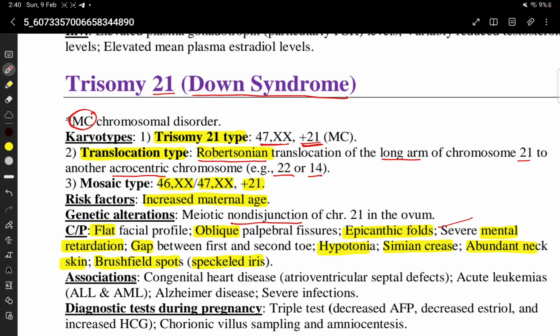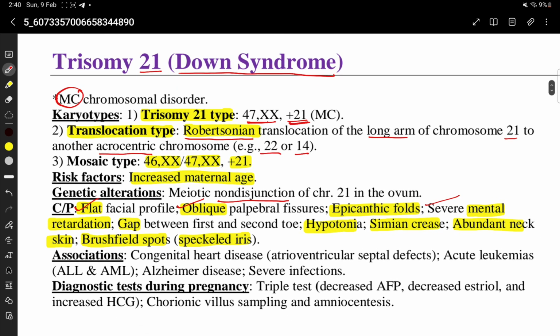The facial profile is flat, palpebral fissures are oblique. There is epicanthic fold, gap between the first and second toe, hypotonia, simian crease, abundant neck skin, and Brushfield spots or speckled iris.